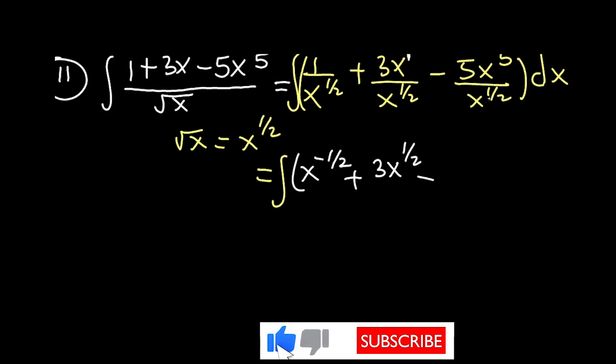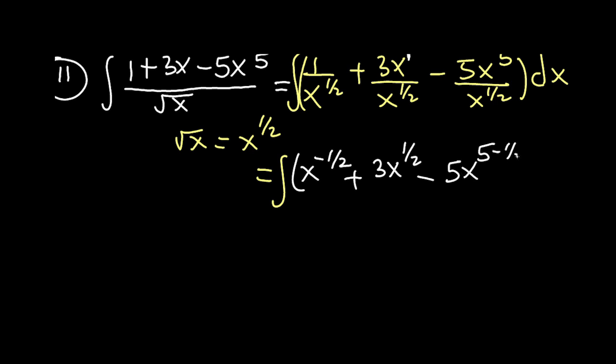Do the same thing also for this one. So that will be equal to 5 x to the power 5 minus half. Then you can close the brackets. So then let's quickly get this one. 5 minus 1 over 2 will be 9 over 2. So this is 9 over 2.